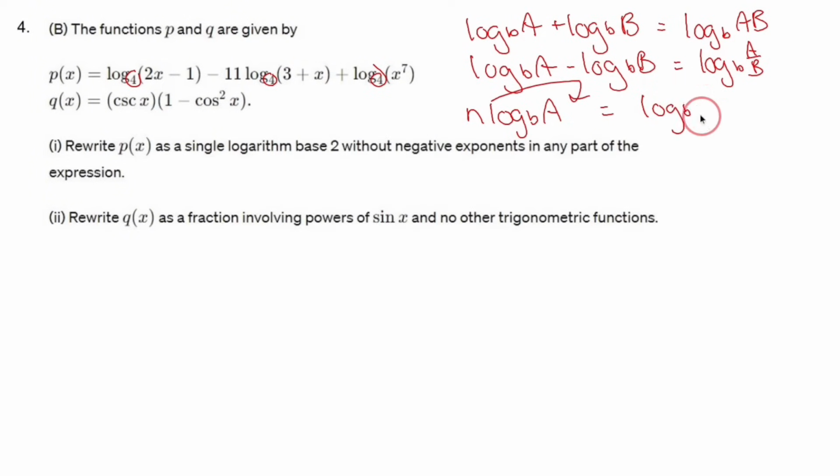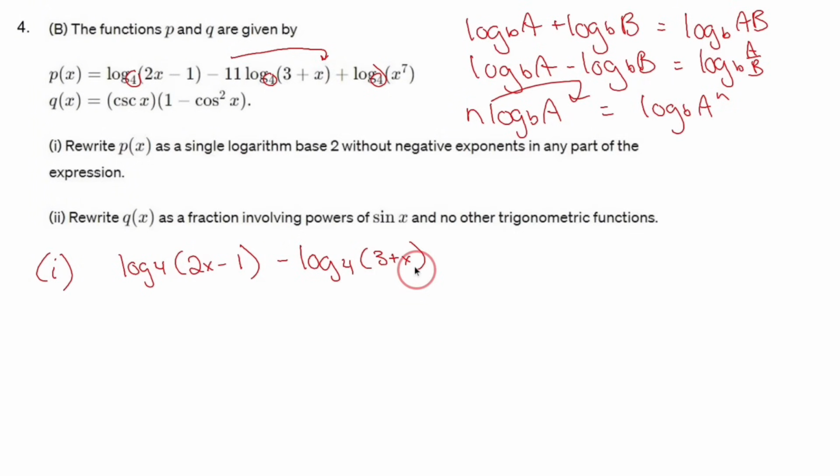So the first thing I'm going to do is move that 11 up there: log base 4 of 2x minus 1 minus log base 4 of 3 plus x to the 11th power plus log base 4 of x to the 7th.